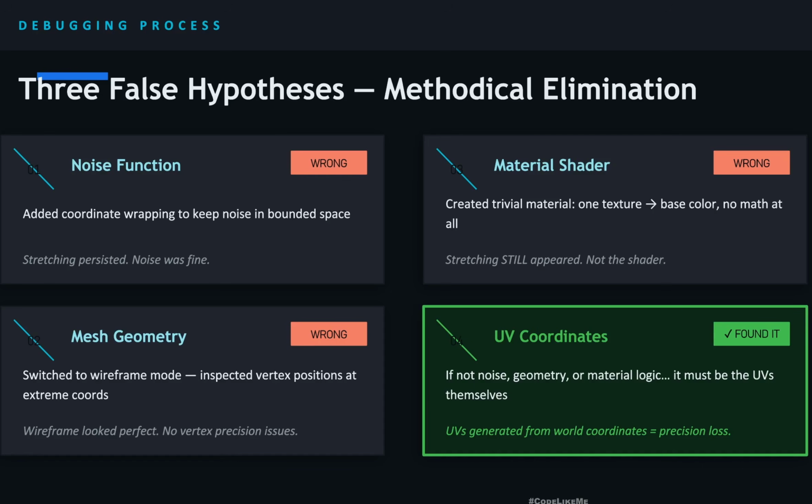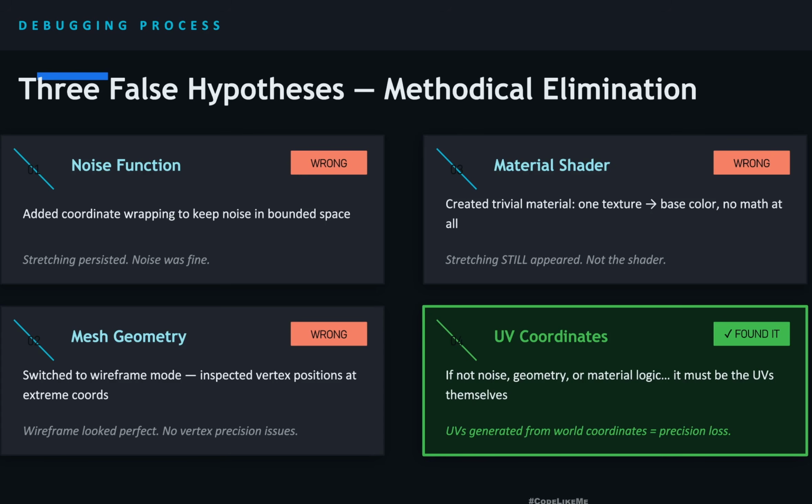So these were the 4 things that I checked. First, I thought maybe something was wrong with my noise function, which is used to generate the height of the terrain. I tried wrapping the noise function in a bounded space, but that didn't fix the problem.